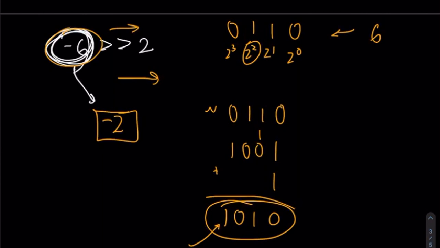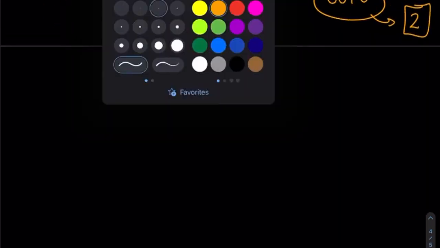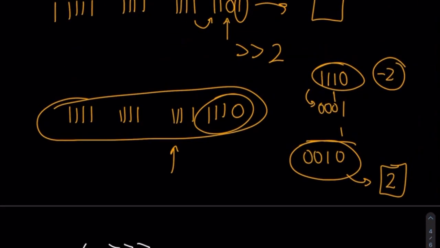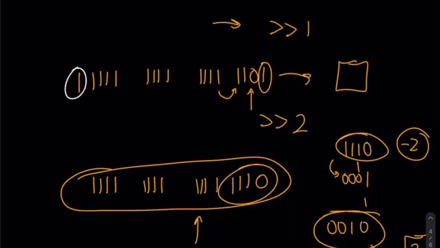Now, right shift unsigned is kind of wacky in that you have to remember that instead of extending the number that is leading our binary representation, we're always going to add 0 to our binary representation whenever a least significant bit is leaving our representation.